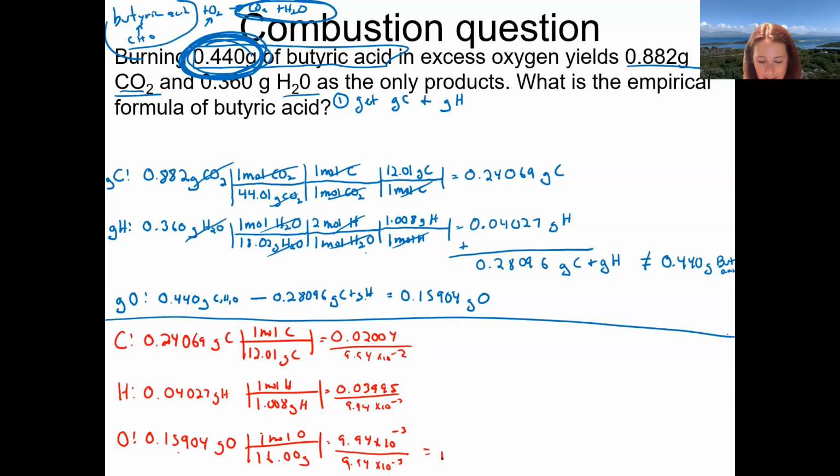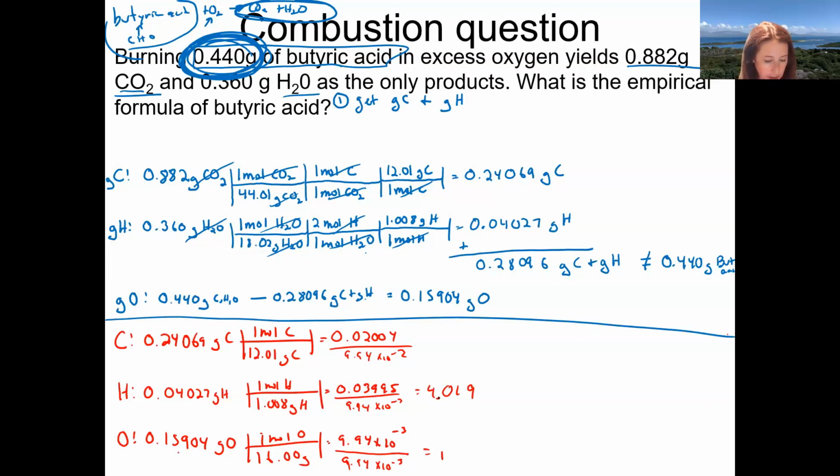This one had better equal 1, and this one better equal 1. 0.03995 divided by 9.94, to the negative 3, that's 4.019. Oh, that's kind of on the border. Actually, it's 4.01, so we're good.